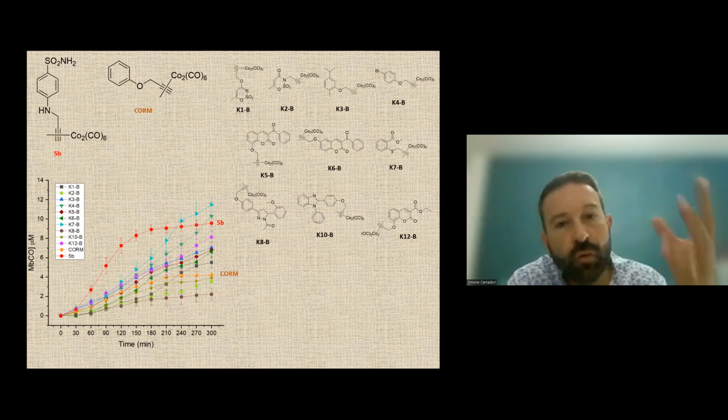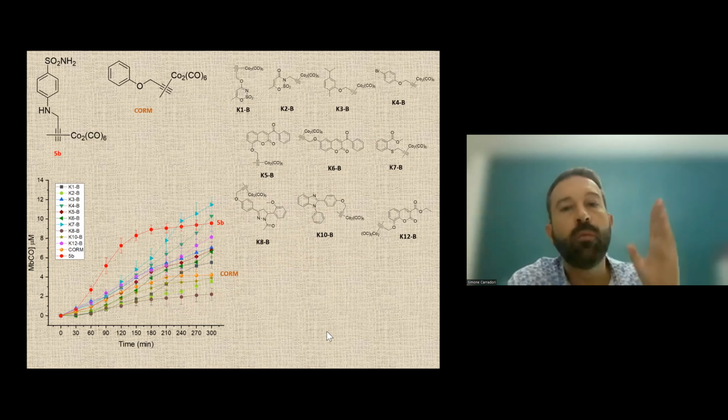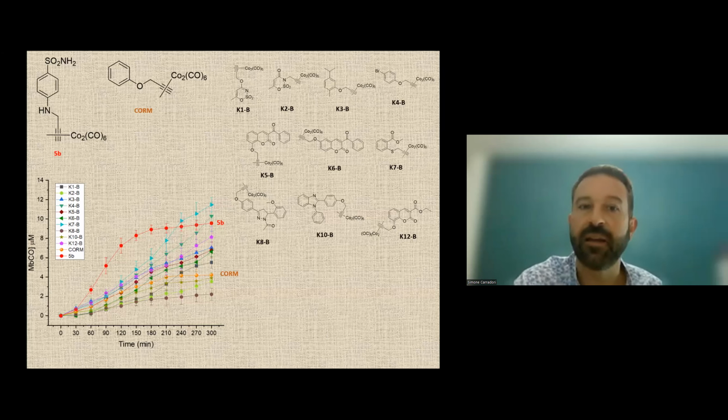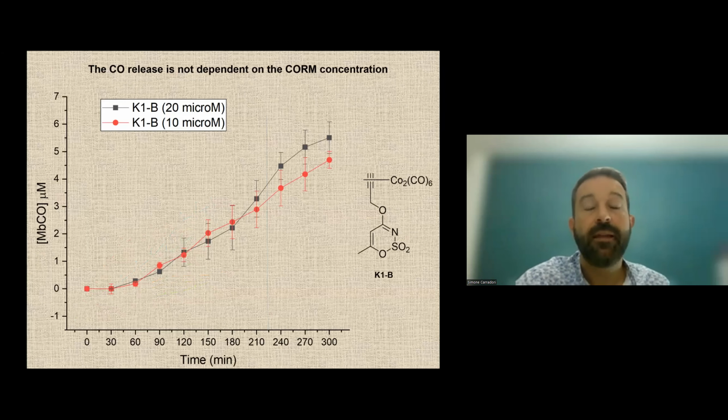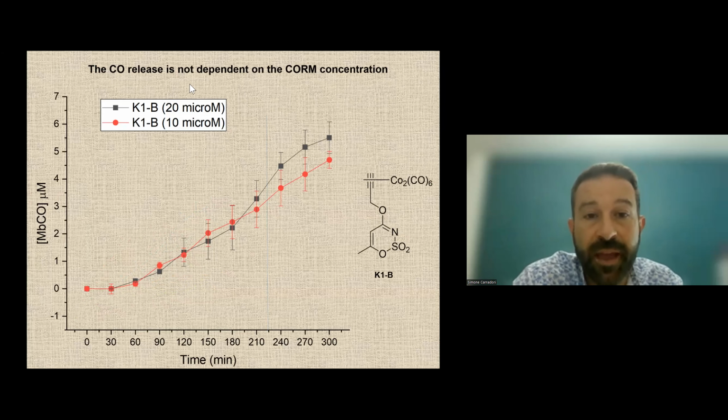So we can modulate the organic scaffold in order to modulate the release of carbon monoxide. In addition, we also demonstrated that if we change the concentration of the compound in the assay, we obtain a similar release of carbon monoxide.